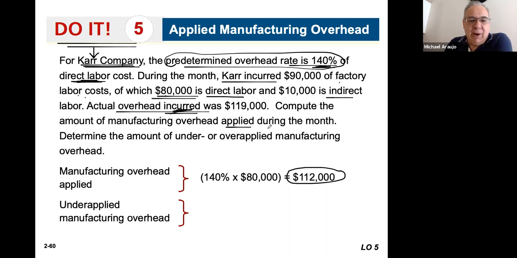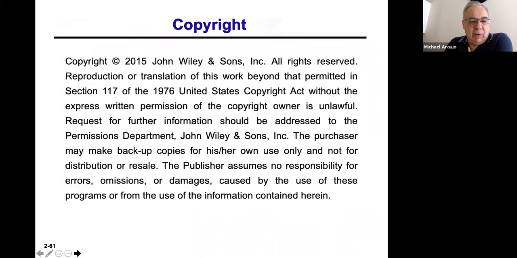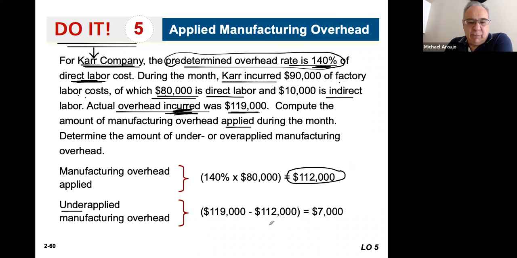However, when you look at what was incurred, we actually incurred 119,000. So we didn't apply enough. We underapplied it by $7,000. Well, that's all your question asks. But that would mean we would need to add the $7,000 over to cost of goods sold at the end of the year.